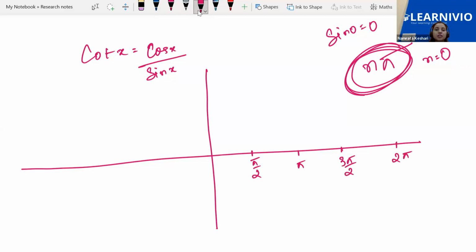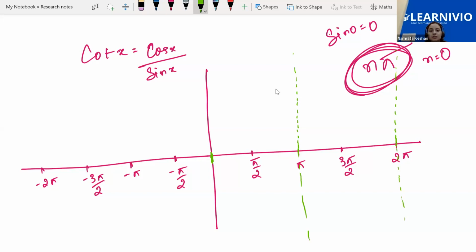Similarly, here we have minus pi by 2, minus pi, minus 3 pi by 2, and minus 2 pi. Now, we understood that it is not defined at integral multiples of pi. That means at 0 it is not defined. At pi it is not defined. At 2 pi also it is not defined.